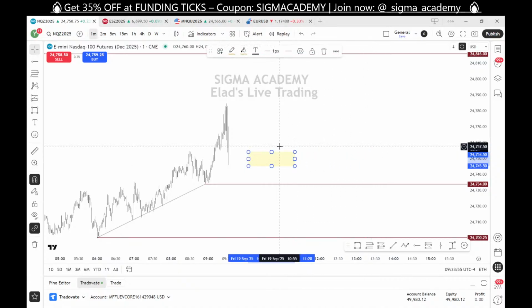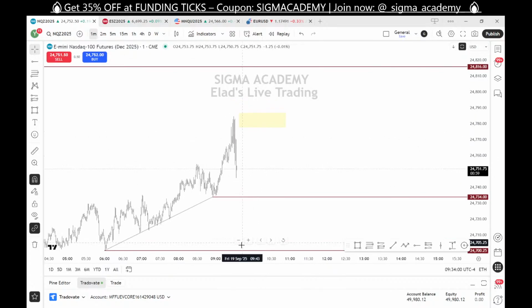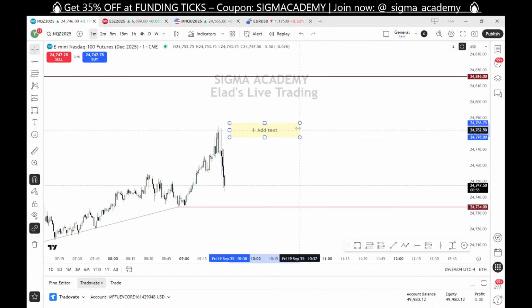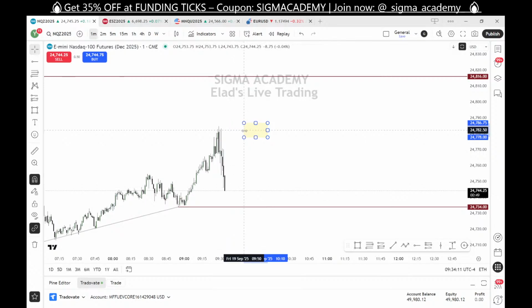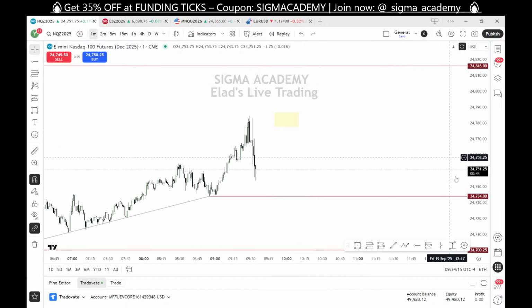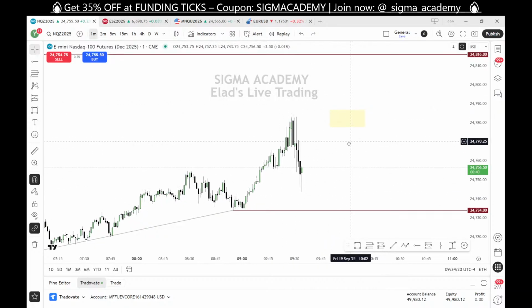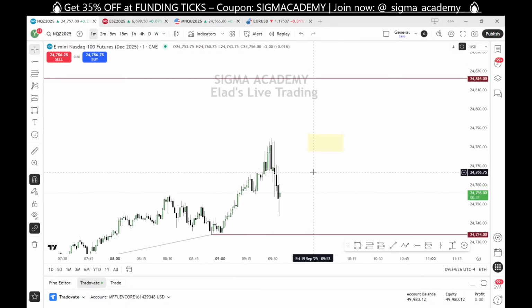On the macro time, in this time window, I would prefer to take any position because the algorithm most probably will go to any inefficiency or liquidity and attack them.